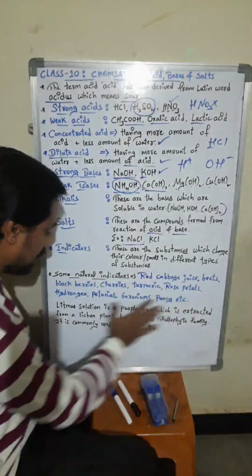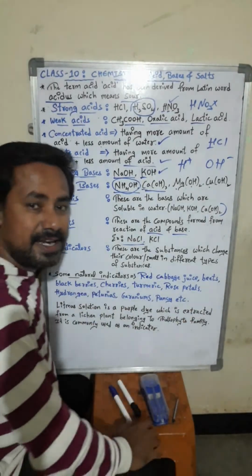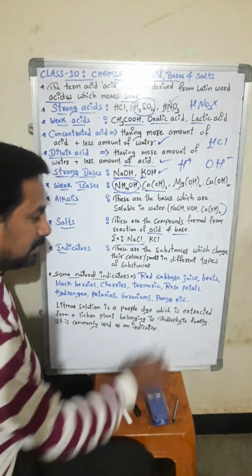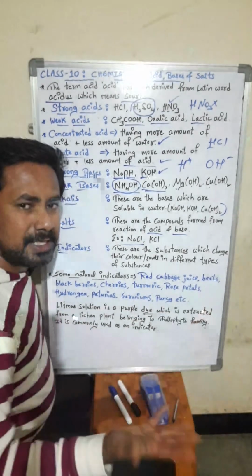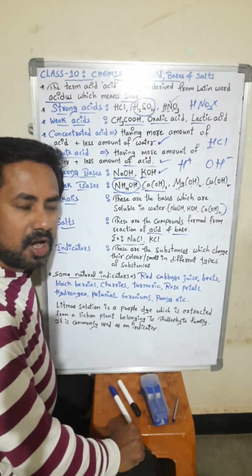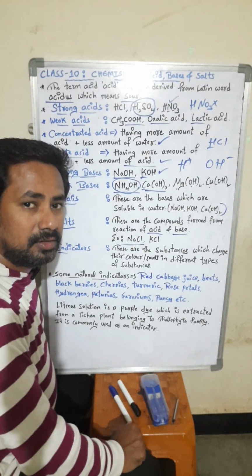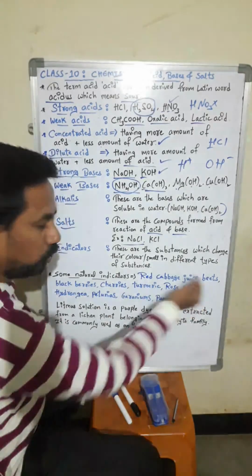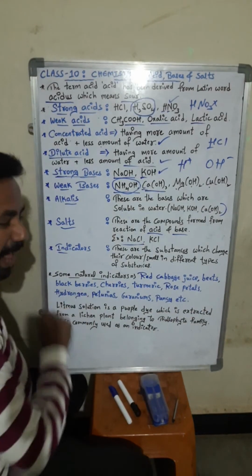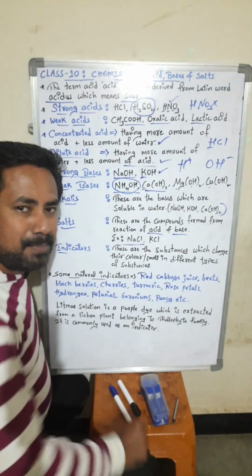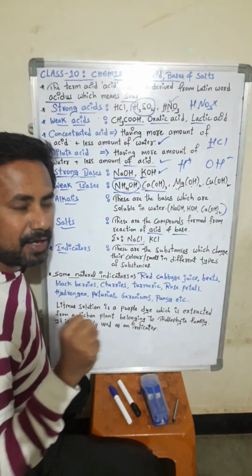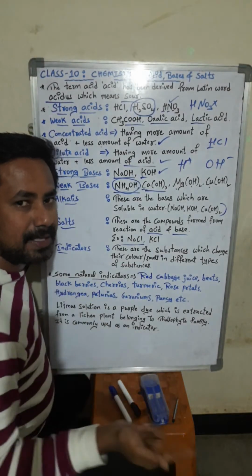So these are some examples of natural indicators. Beets. Beets means beetroot. You already know beetroot has a very powerful color. Blackberries: if we extract the juice, we can identify whether the given substance is acid or base.